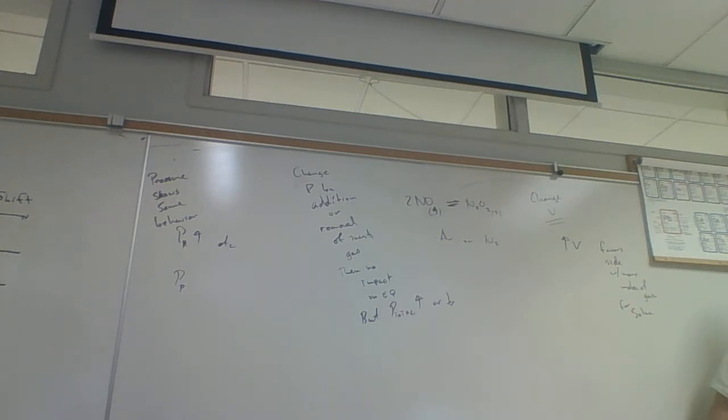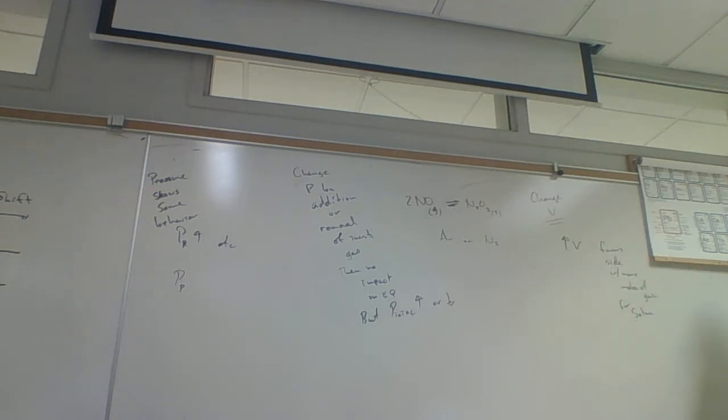We can use moles rather than molarity, but only when volume doesn't affect K. And when does volume not affect K? The only time volume doesn't affect K is when the number of moles of gas on the left equals the number of moles of gas on the right, and the volume cancels out, and therefore there should be no impact on the equilibrium with a volume change.